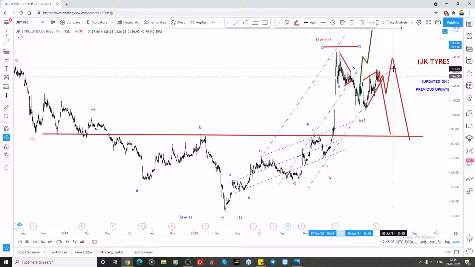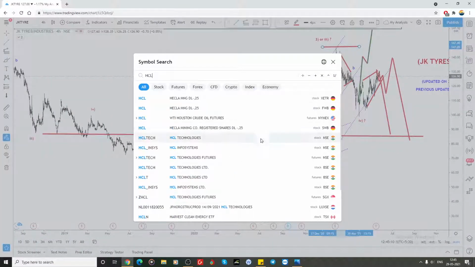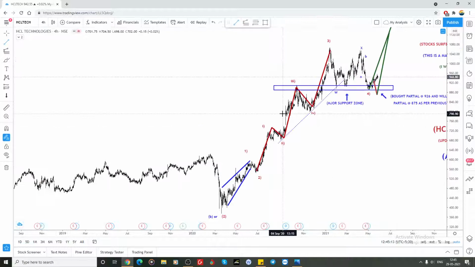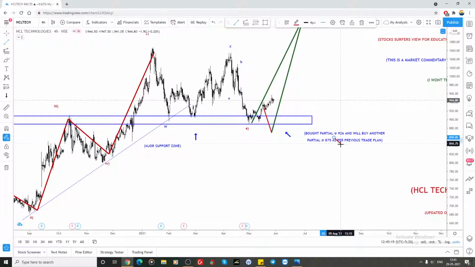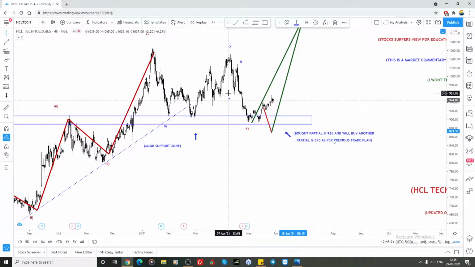So next is all IT sectors like HCL Technologies. See, I already bought, as I said here. Still I'm holding that. So wait for that, because I think the fourth wave has ended here, 1, 2, 3, 4, 5. So allow this little small four three-wave structures, and then again it may shoot.